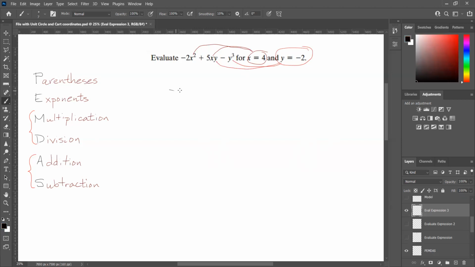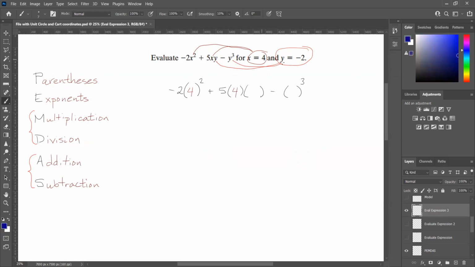I'm going to go ahead and rewrite this with parentheses where my variables go. And then I'll just fill those in with their values. This kind of helps me ensure that I get the right variables in the right spot. So x is 4. This was an x, and this was an x.